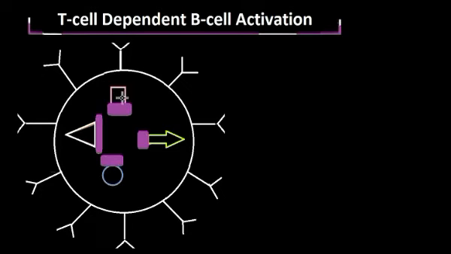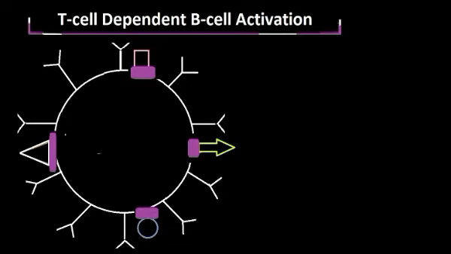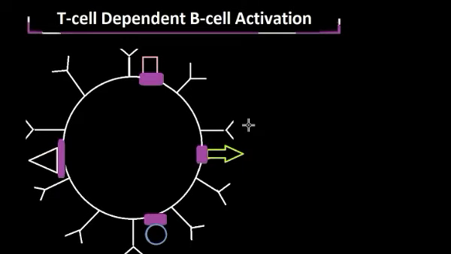The antigen MHC2 complex migrates to the surface of the B cell. This is why B cells are considered to be antigen presenting cells, because they're able to show or present antigens on their surface for other immune cells. Thanks to MHC2, the B cell can present the antigen.